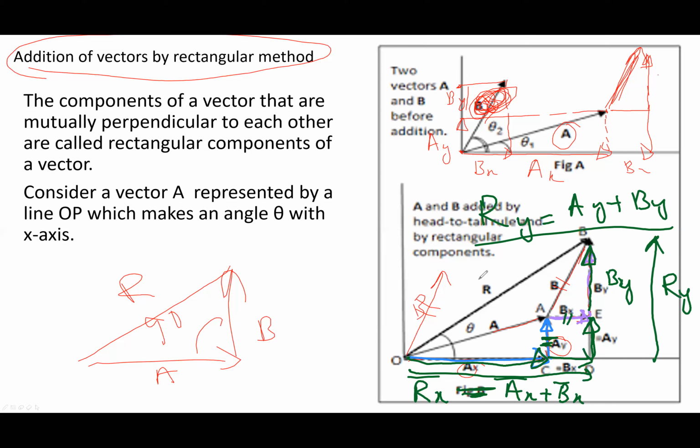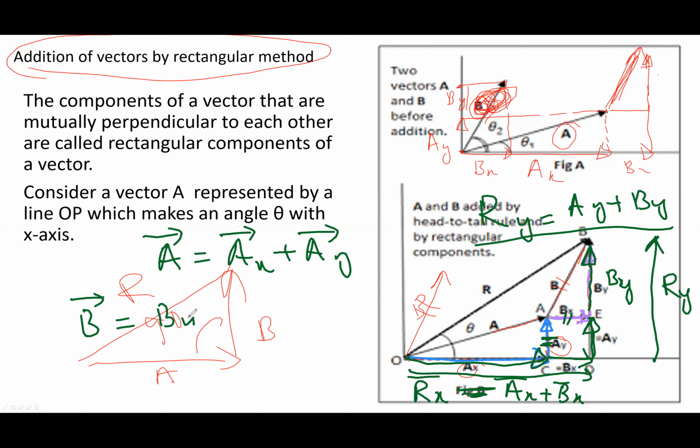So we will write some equations. Vector A is equal to the sum of its horizontal component plus its vertical component. Vector B is equal to the sum of its horizontal component plus its vertical component. Rx is equal to Ax plus Bx from the diagram.